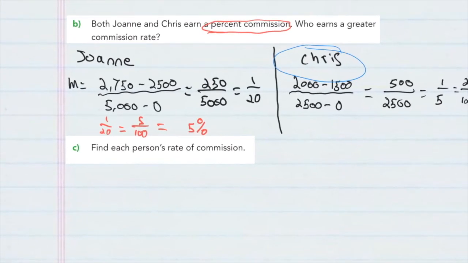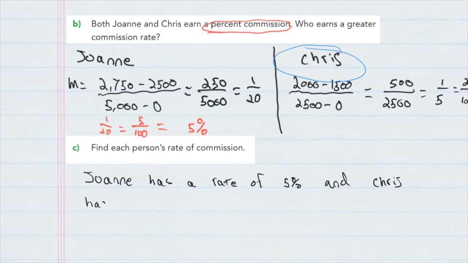So Joanne has a rate of 5%, and Chris has a rate of 20%. That means that Chris has the higher rate, or the greater rate.